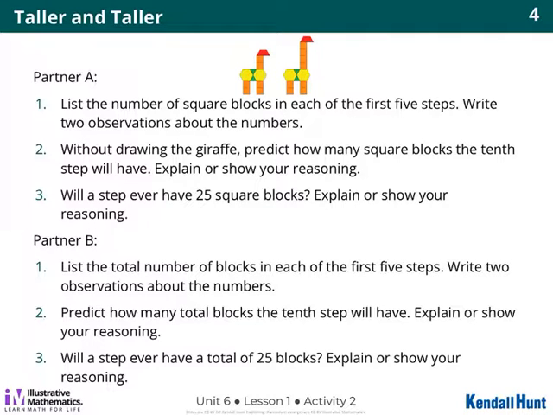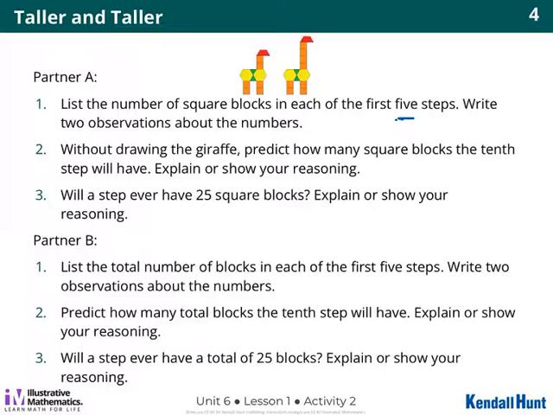Okay, so with your partner, you're going to have partner A and partner B. So you guys are going to have to decide who is A and who is B. If you guys have a group of 3, can 2 of you be A? Yeah. Okay. So partner A, you're going to list the number of square blocks in each of the first 5 steps. You're going to write 2 observations about the numbers. Number 2, without drawing the giraffe, you're going to predict how many square blocks the 10th step will have.